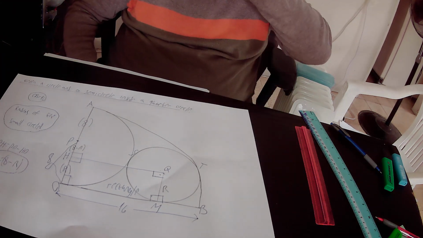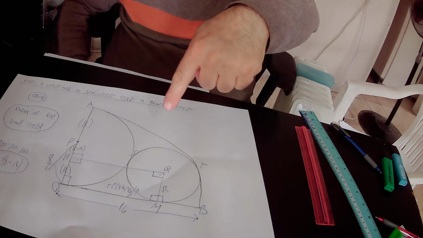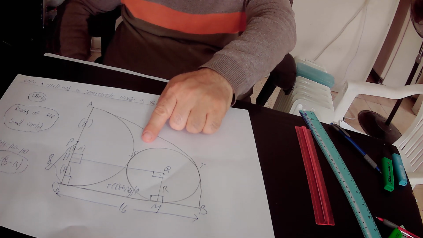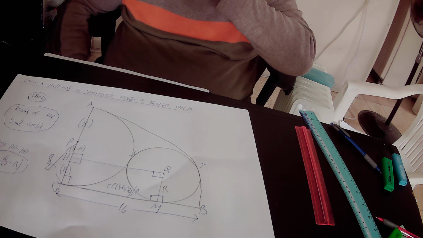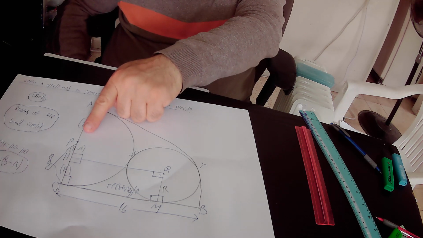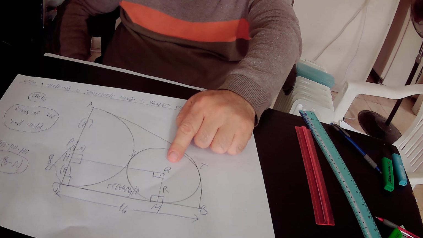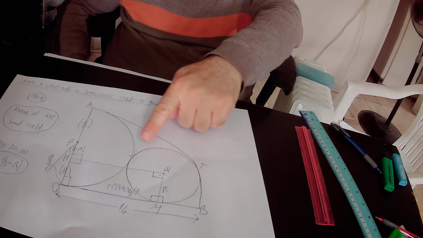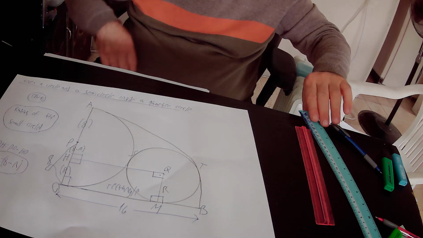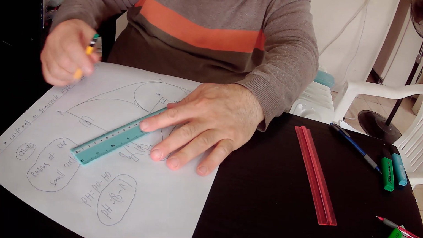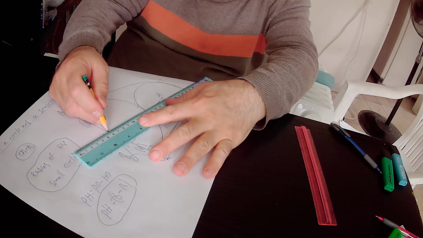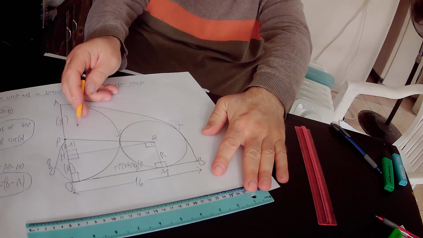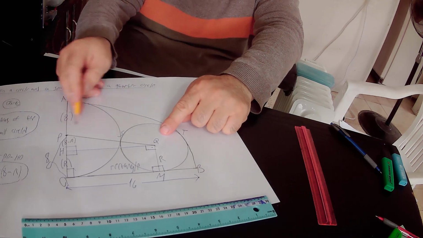In our drawing, the small circle touches the semicircle externally at point S. So they have an external notch between them at point S. And therefore, according to rule 10, we know that the center of this semicircle is here at point P. The center of this small circle is here at point Q. The straight line that connects the centers together, that is to say the straight line PQ, must pass through point S, or PSQ is one straight line.